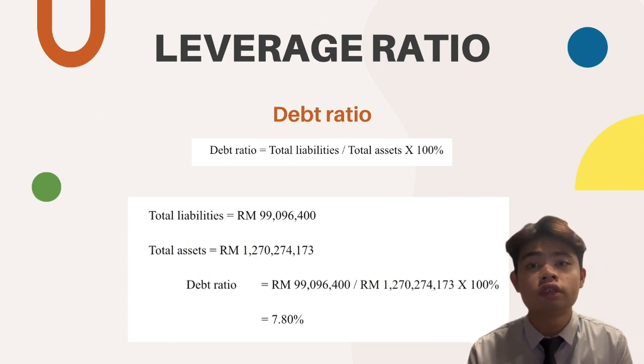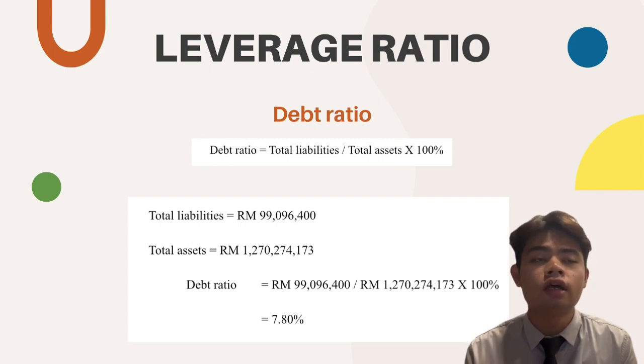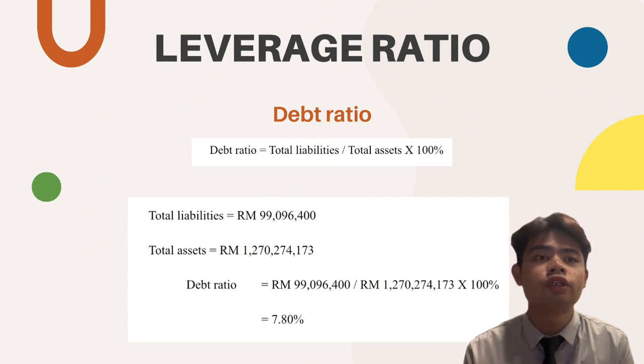So based on this amount, we can calculate the total liabilities, and then we divide it by total assets, and we times 100.